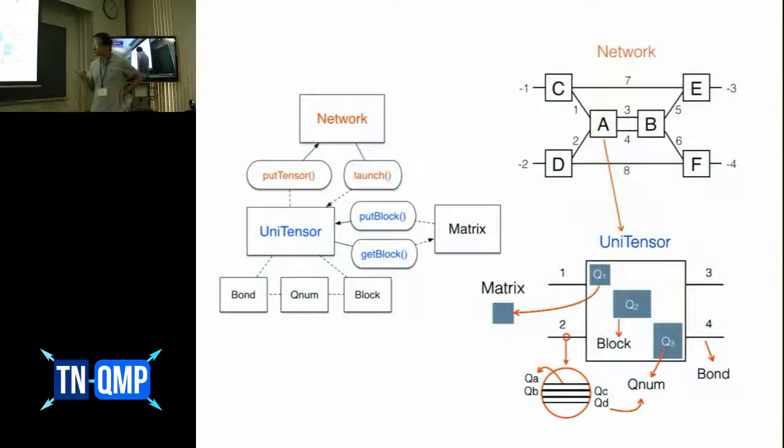So the design of this library is composed as follows. The main character is the unit tensor, and we have some auxiliary classes. Basically, this is the quantum number. So far we have a U1 quantum number and two Z2 quantum numbers, and you can use these quantum numbers to build bonds. So these are bonds. Okay.